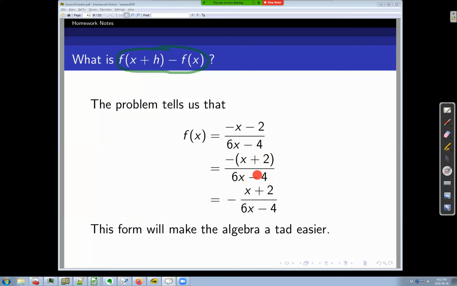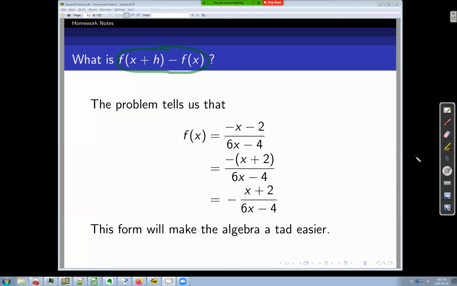So these are the same thing. I think I'll be less likely to make a mistake if I use this form of f of x instead of the original form. I could have used the original form, but personally, I think this will be a little bit easier.